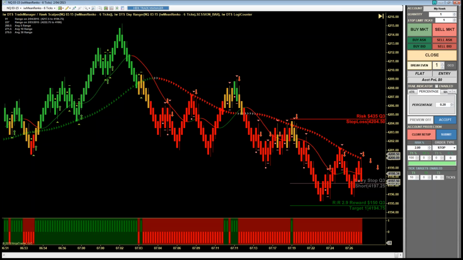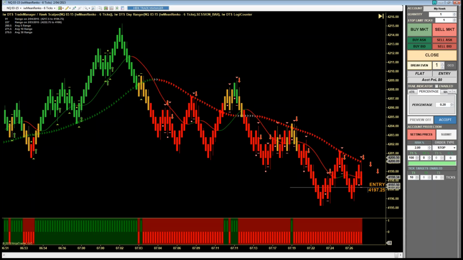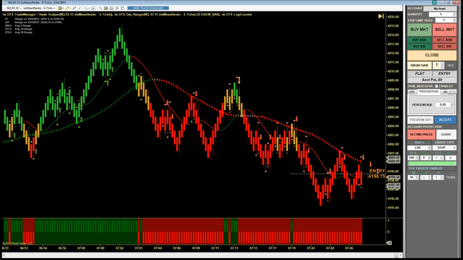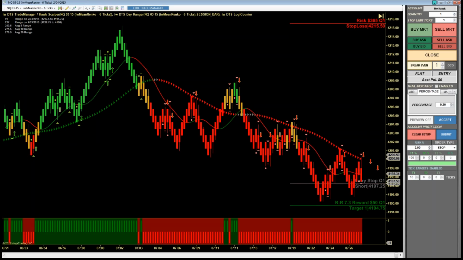Watch what happens if I run a deeper stop. Let's say I put my stop above this little swing high right here. Look, we're still risking, a little bit less because of rounding, about $435 on this trade. What if I choose to run the stop a little deeper still? What if I want to cover it way above this swing high up here? Look at that. I can still take this trade.